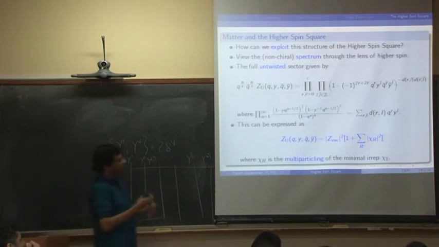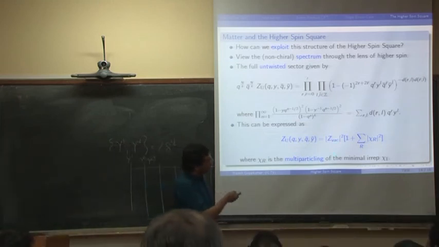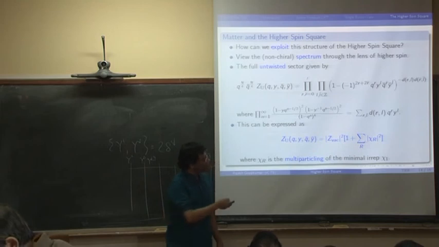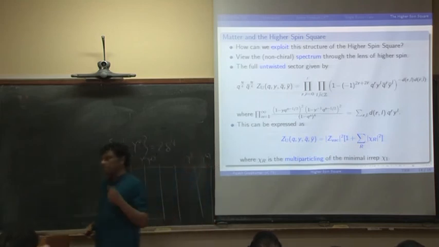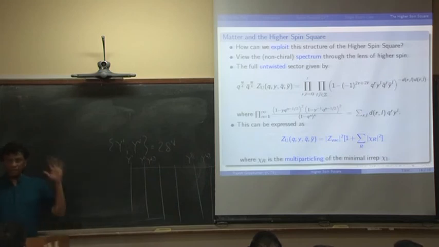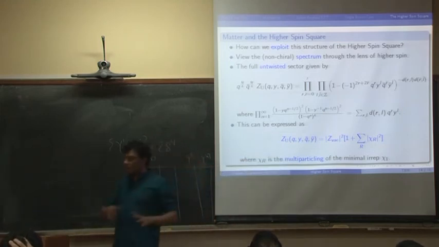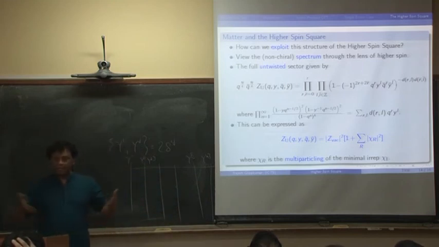So you should view this as, if you wish, all the gravitons and other massless fields, and then multi-particles of a single massive field, or single massive representation. And R is a representation of all Young tableaux. R is a representation of what algebra? R in this case just labels the various multi-particles of the single particle.